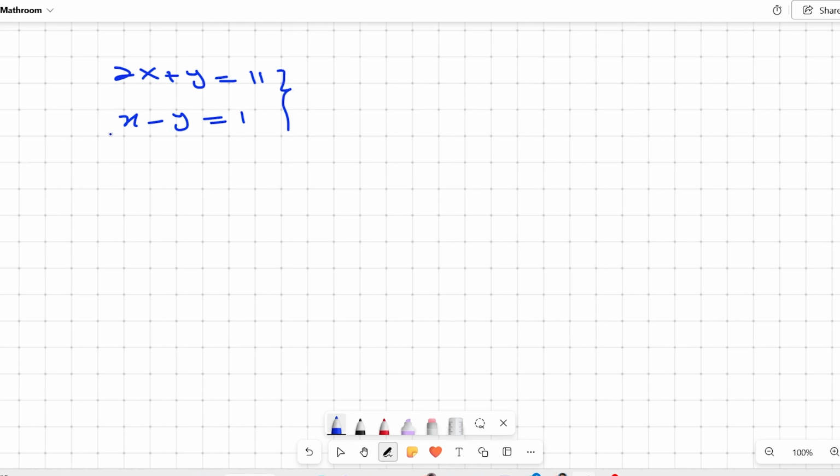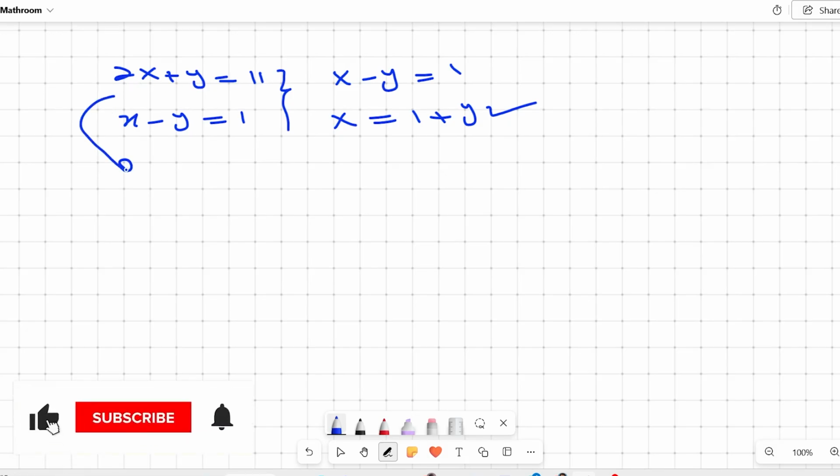This time I consider the second equation, x minus y is equal to 1, and I solve it for x. Y moves to the right and becomes plus y, so x is equal to 1 plus y. Now, instead of x, I write 1 plus y in the first equation.